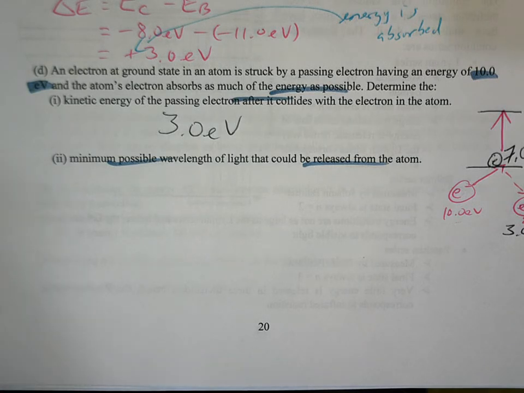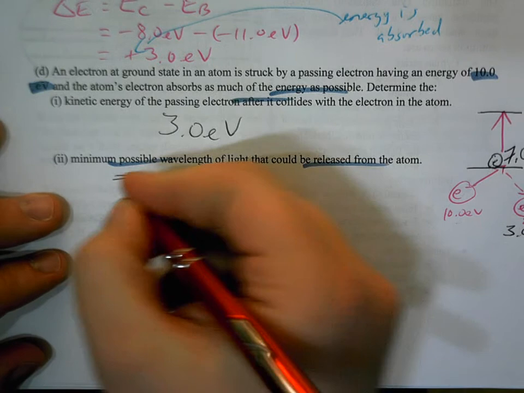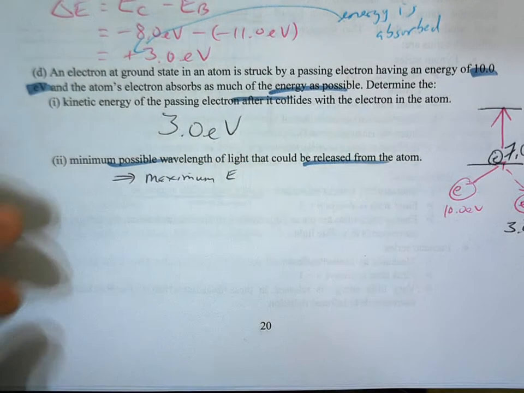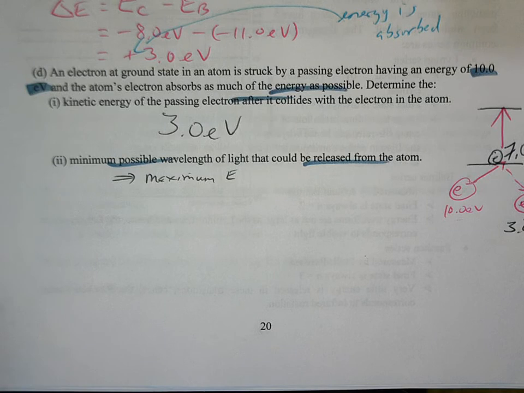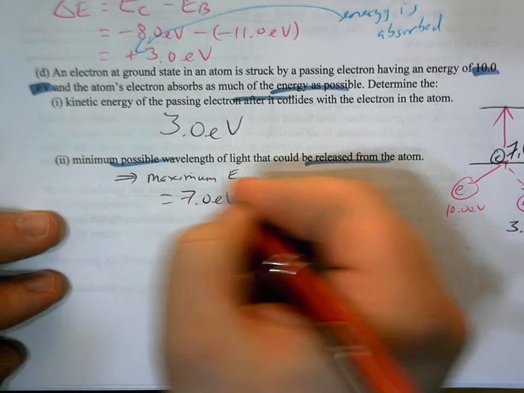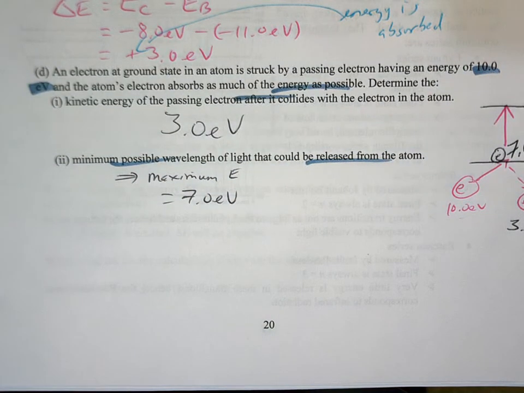So we'd like to find the minimum possible wavelength that can be released from the atom. The minimum possible wavelength has to deal with the maximum energy transition. Well, we just saw the maximum energy transition going between those two states. The maximum energy transition that can occur based on this scenario is 7 electron volts of energy.